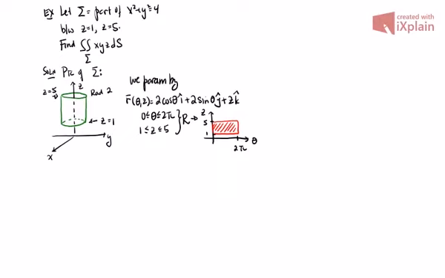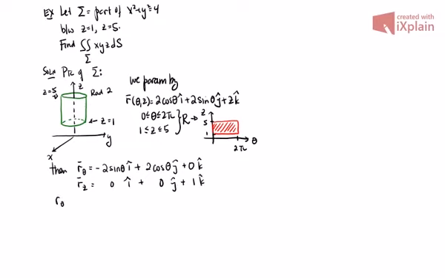So then we proceed. We find r sub theta. This is negative 2 sine theta i plus 2 cosine theta j plus 0k. We do r sub z. This is nice. This is 0i, 0j, 1k.